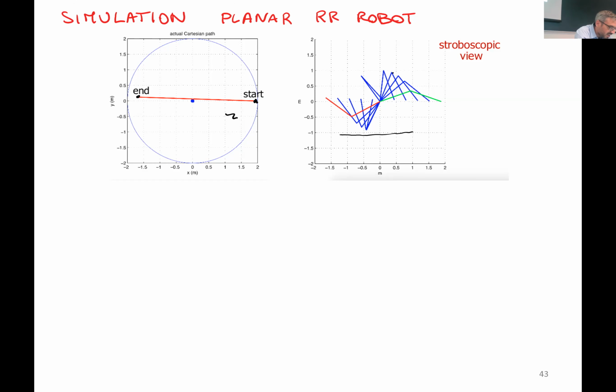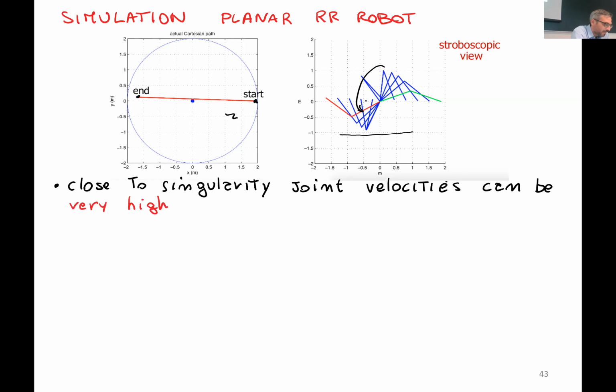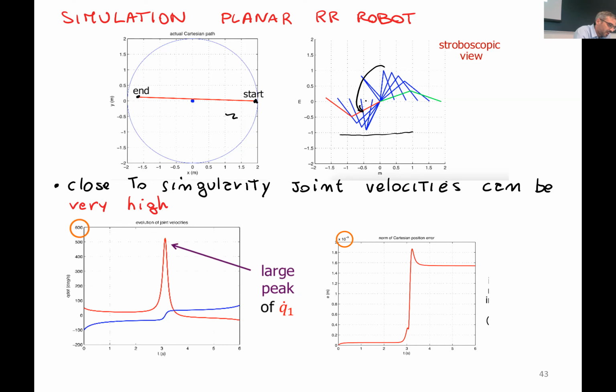It will not change the inverse kinematic solution, but will have a very, very fast motion in this moment. And this is because joint velocities can be very high, very close to the singularity. We see that at that point, one of the joints spiked up to 600 degrees per second speed, even though the Cartesian error, the position error, is quite small.